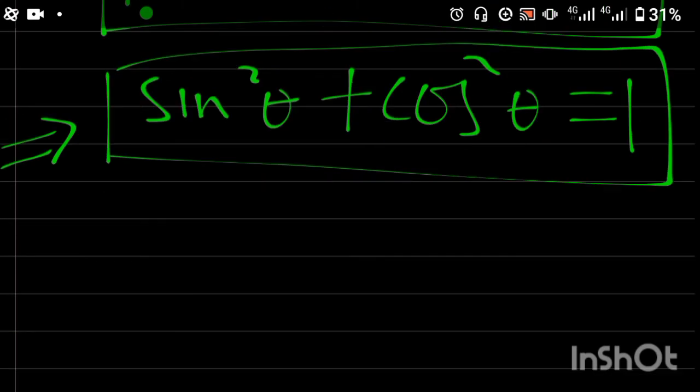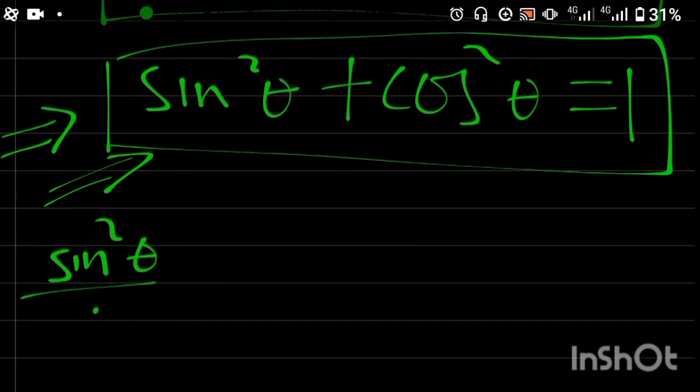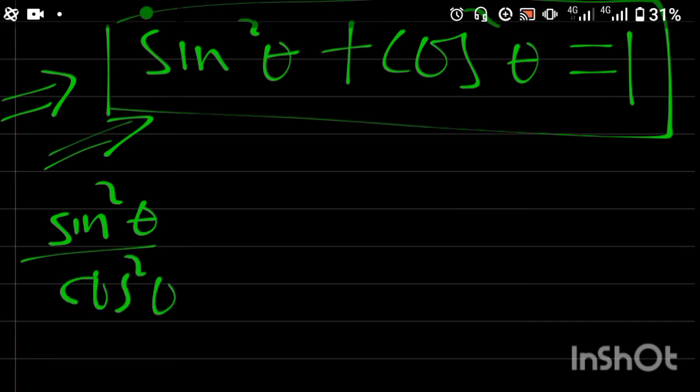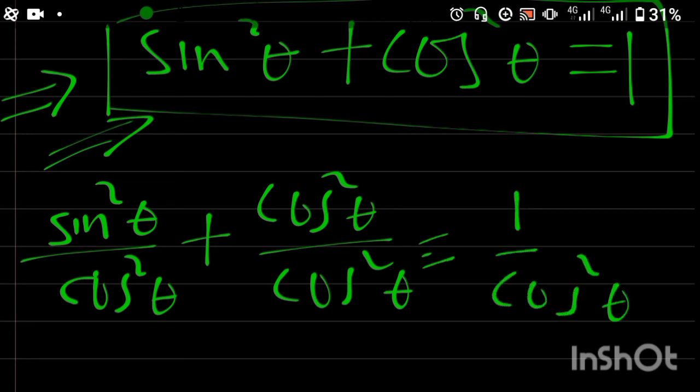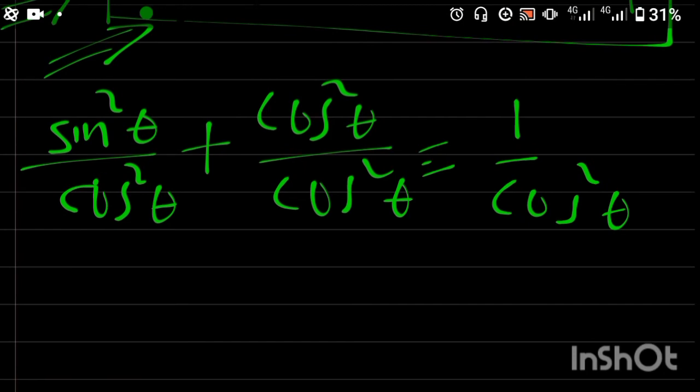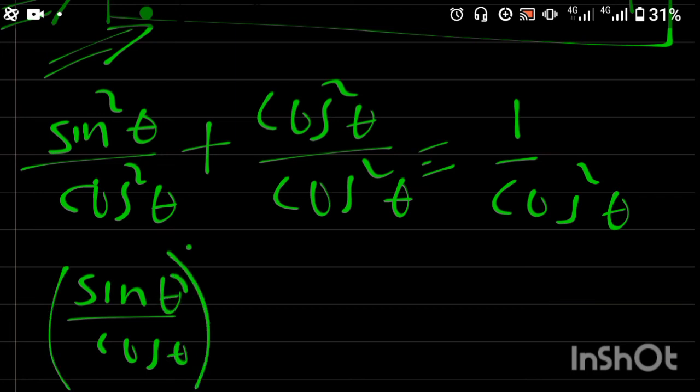We are going to divide this expression through by cos squared theta. Therefore, we have sine squared theta over cos squared theta, plus cos squared theta over cos squared theta, equal to 1 over cos squared theta. When you divide an expression throughout with the same term, you have not altered the expression. Sine squared theta over cos squared theta is actually sine theta over cos theta, all squared.